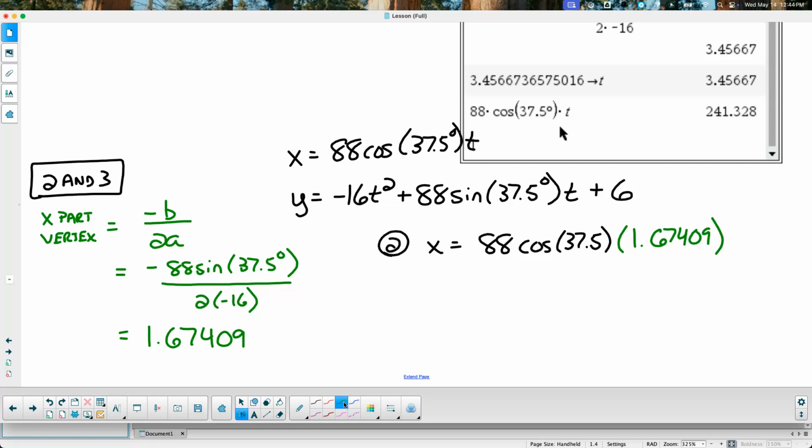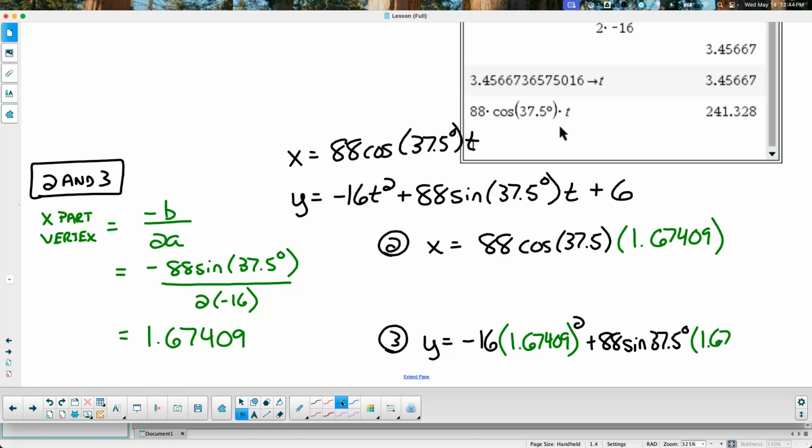I'll show you how to rapidly do that here on the calculator momentarily. Question number 3 asked, how high was it? That's going to be negative 16 times 1.67409 squared plus 88 sine of 37.5 degrees times 1.67409, then plus 6. Okay?